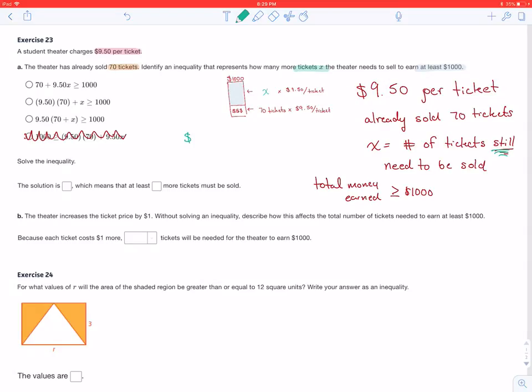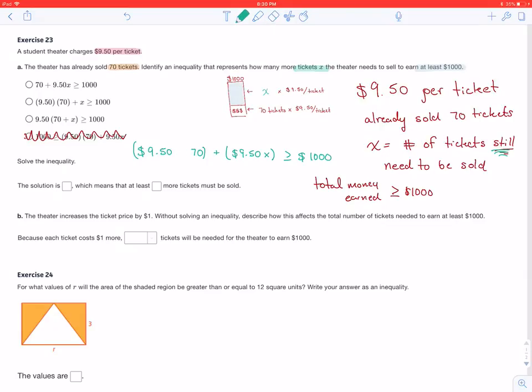So I'm going to put $9.50 times 70, not putting the tickets in there, added to $9.50 times X, which is the number of tickets I still need to sell. And I want that to be greater than or equal to 1,000 because I want to make at least $1,000. So I either want to make $1,000 or greater than $1,000.